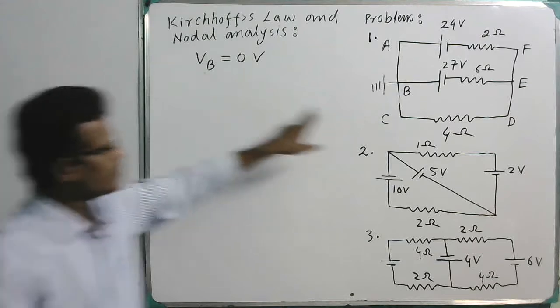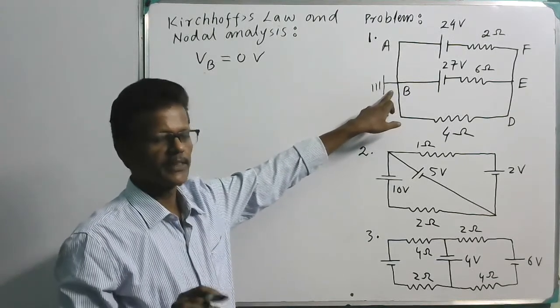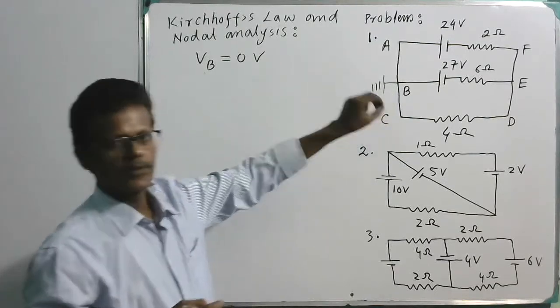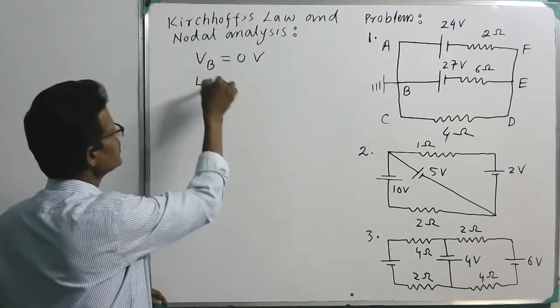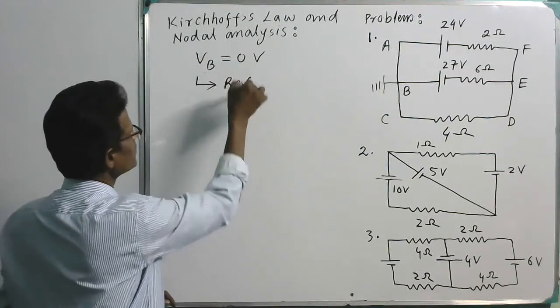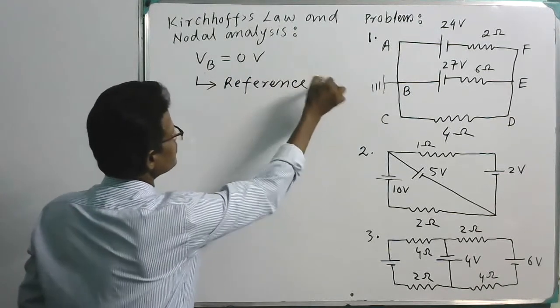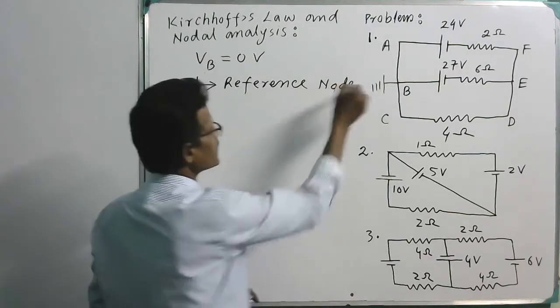This point or this node is called the reference node. This point which I have just grounded is called the reference node.